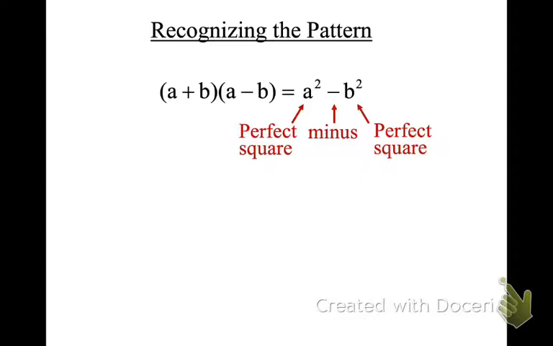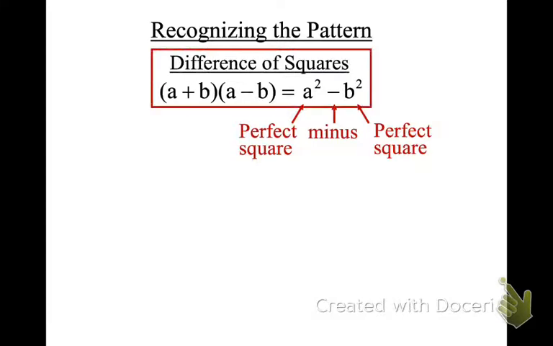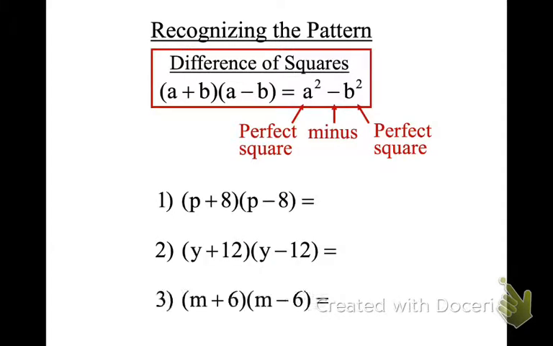Let's try it. Amani, what would the first one simplify to? P squared minus 64.